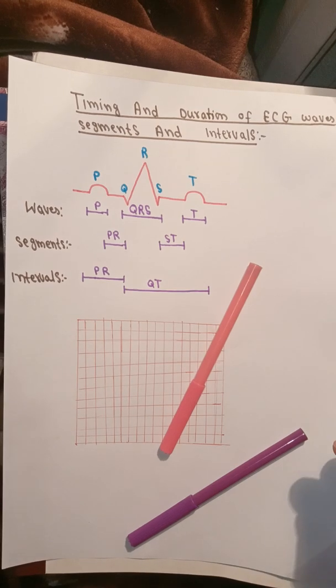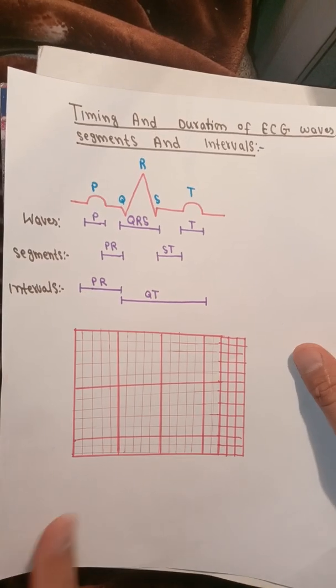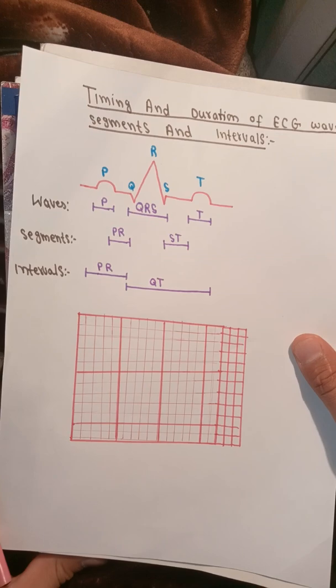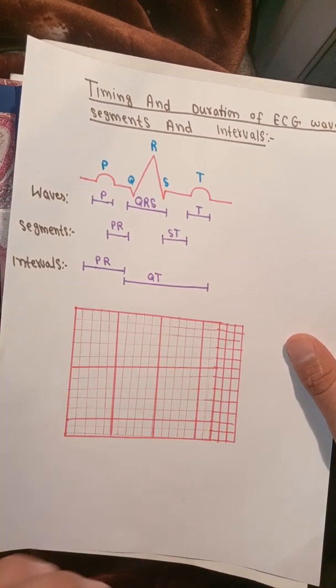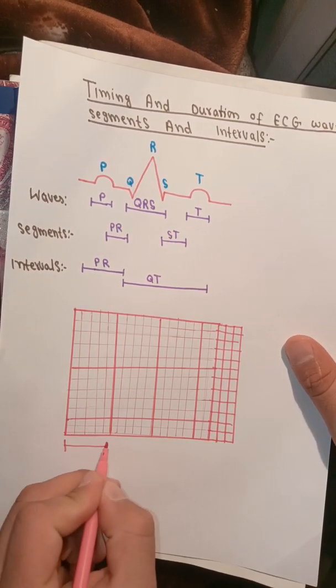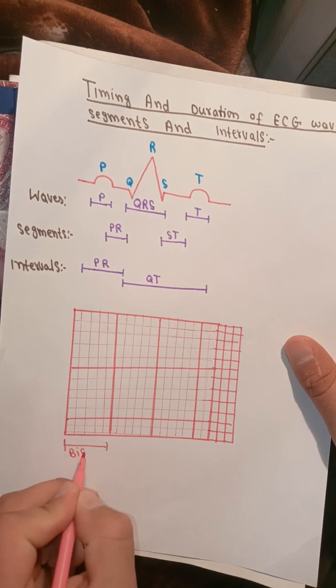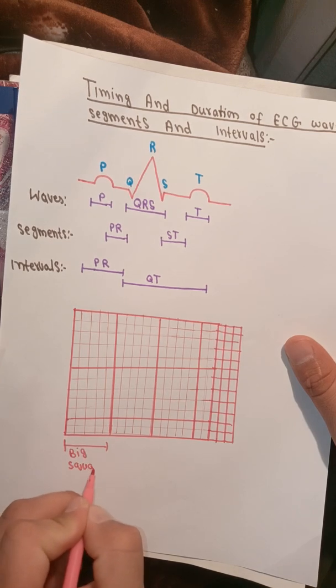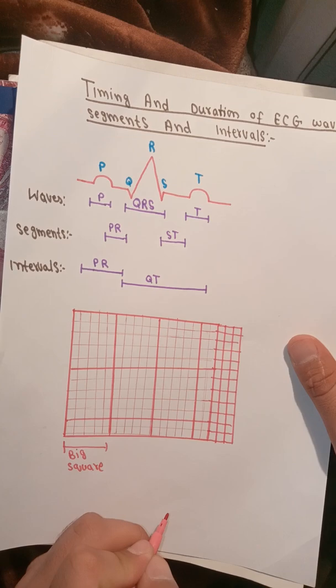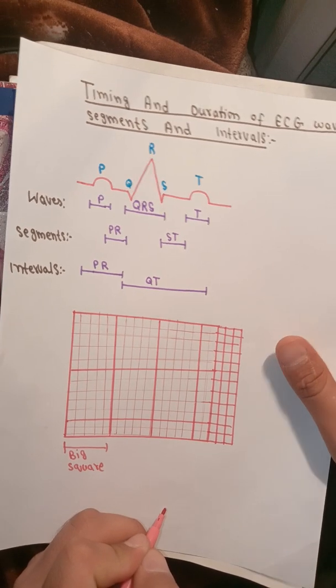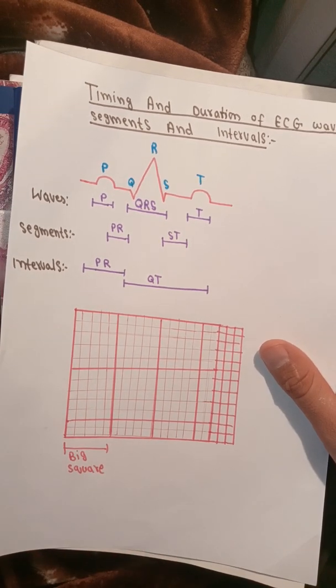It is important to note that 1 minute contains 300 big squares. These are big squares.